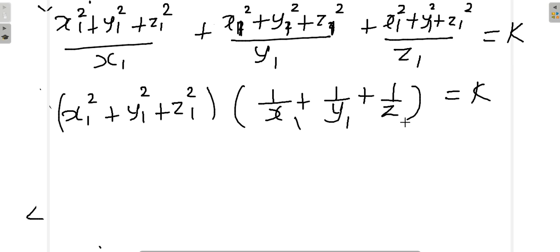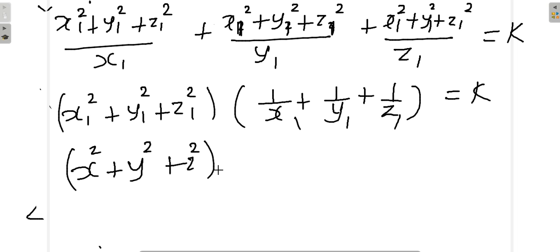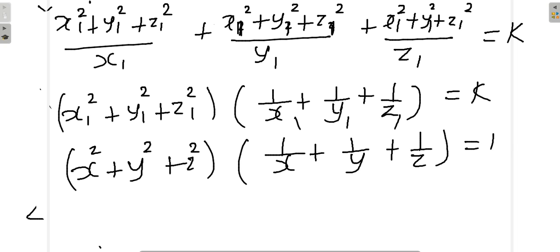In the final answer, while writing the locus, we drop x1, y1, z1 and we present the answer in terms of x, y, z. So the final answer in terms of x, y, z will be this. I know it's a complicated sum, a little bit complicated, but it will hardly be asked in MSCT, but it could be asked in competitive exams like JEE Advanced or JEE Mains.